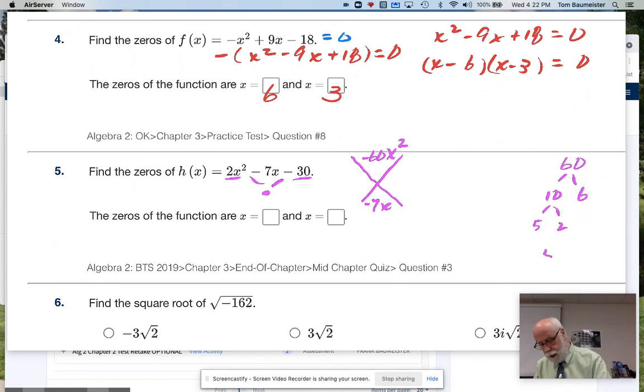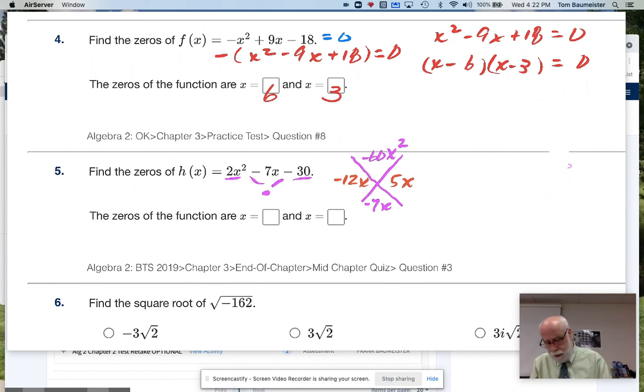So on this one here, 5 and 12 will equal 7. We decided that we're going to put negative 12x and 5x because the higher number is negative, so that makes sense. Negative 12 plus 5 is equal to negative 7.